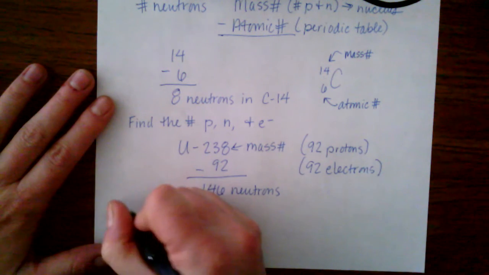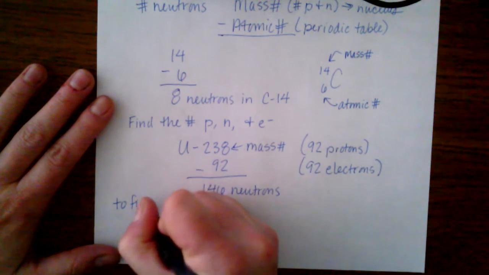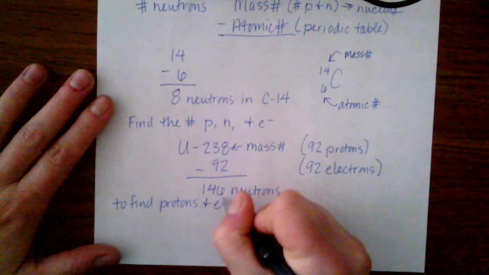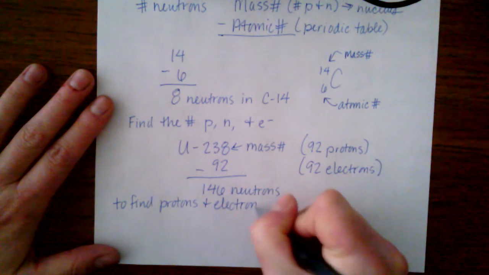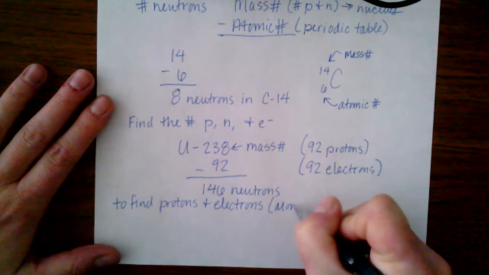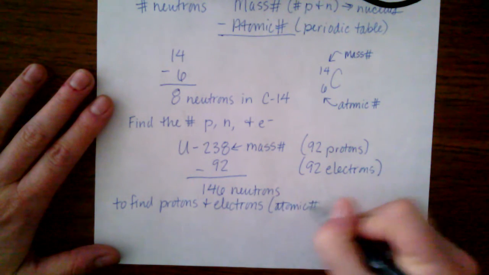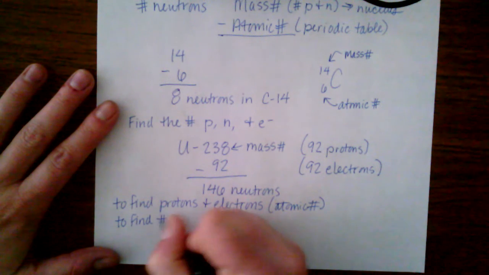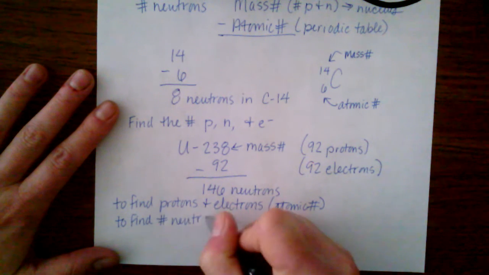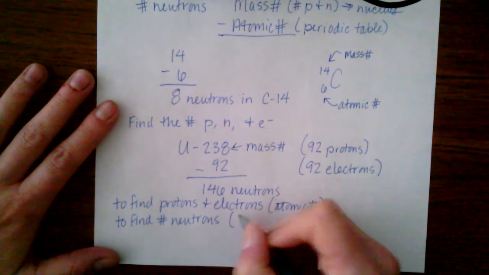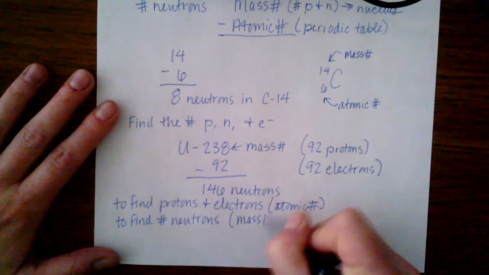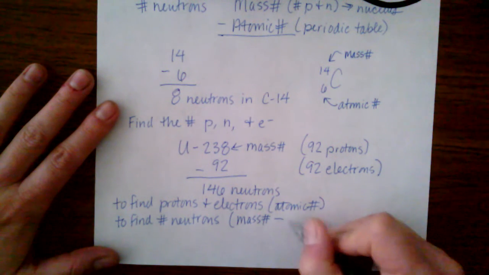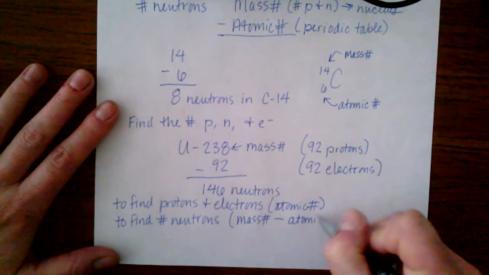All right, so to recap, to find protons and electrons, that's just going to be your atomic number. To find the number of neutrons, you're going to take the mass number. Remember, most of the mass is in the nucleus, so that's your protons and neutrons, and subtract away the atomic number.